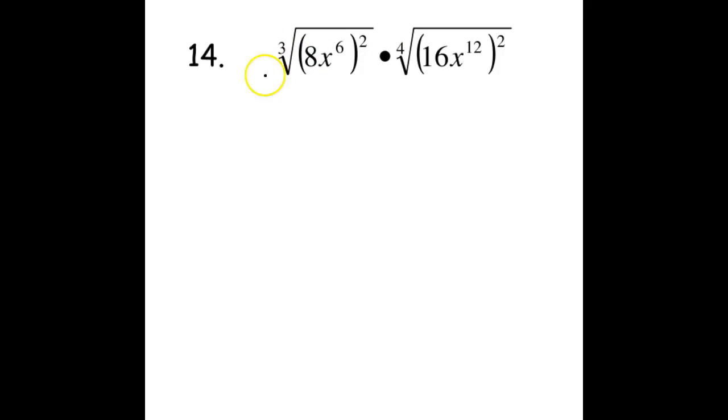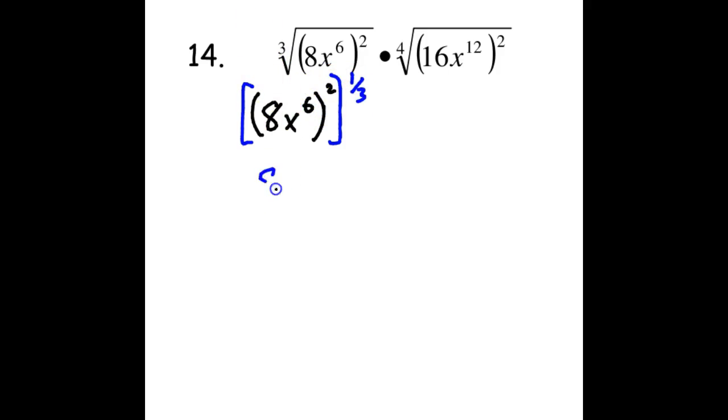So what I'm going to do is actually rewrite this with a fraction exponent. So I'm going to have 8x to the 6th, and squared, which is the same thing, but then I'm going to write this to the 1/3 power. And again, the order doesn't matter when you're multiplying.